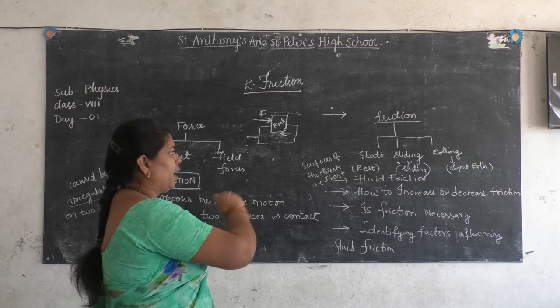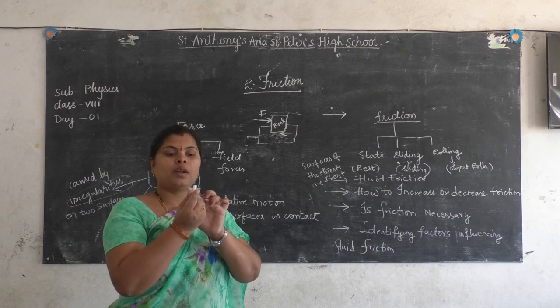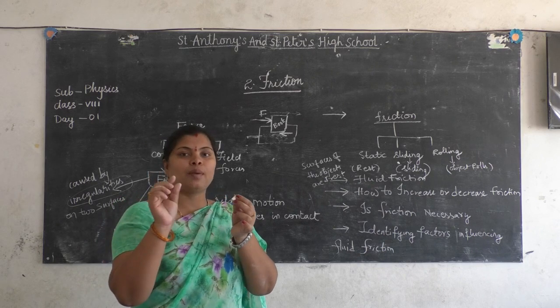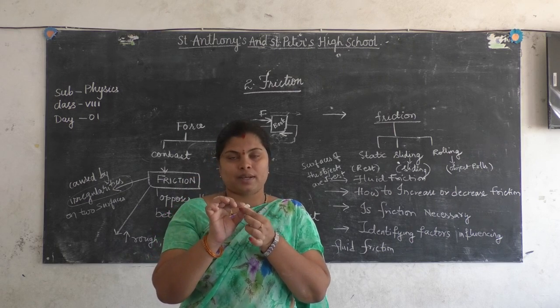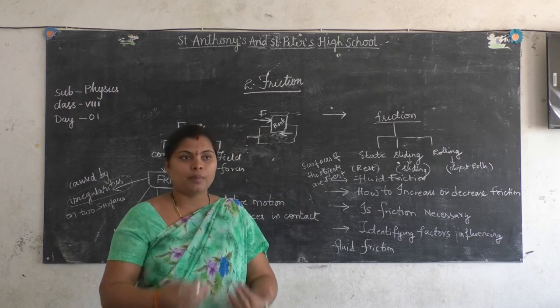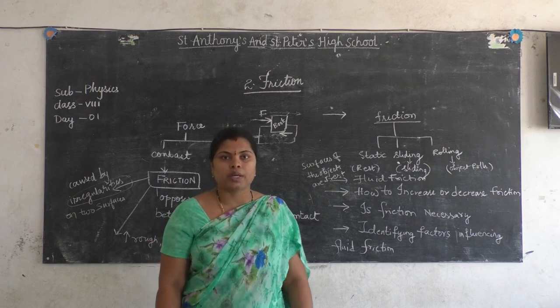I cannot write because there is a grip between my finger and the chalk piece surface. Here the chalk piece surface and my finger surface are in physical contact. My foot surface and the ground surface are also in physical contact.